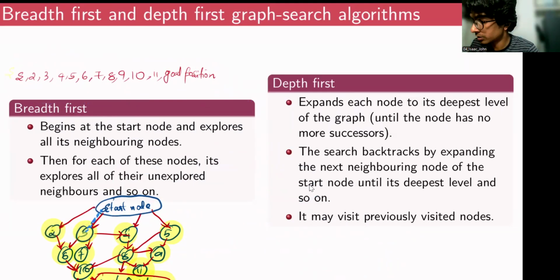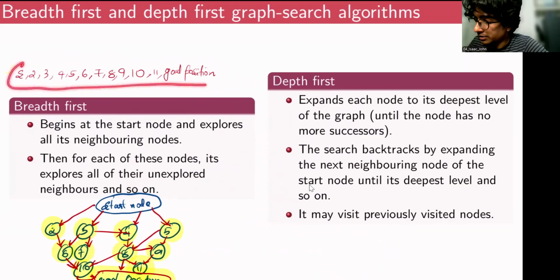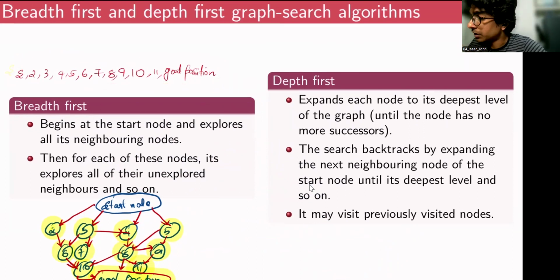First it explores in this level, then it explores in another level, then in another level. So it's like a spreading wildfire, right? That is about breadth first, and this is the order that we received for exploring the connectivity graph. Then what about depth first?